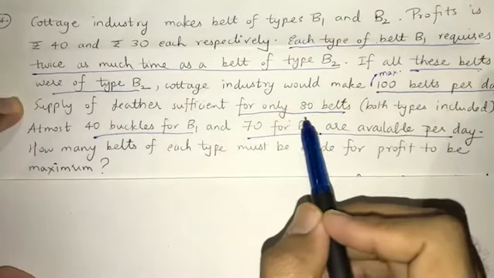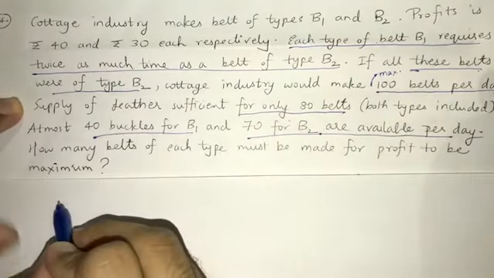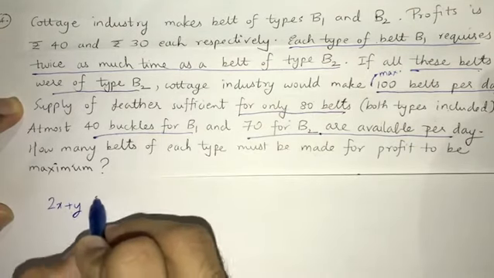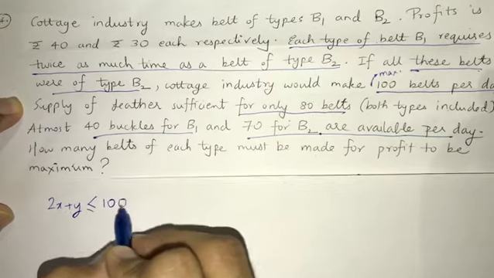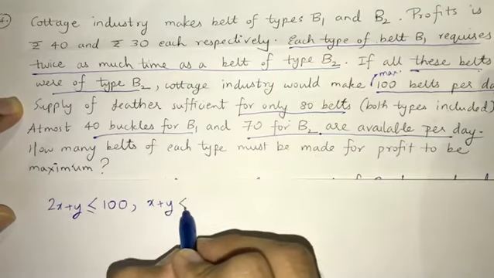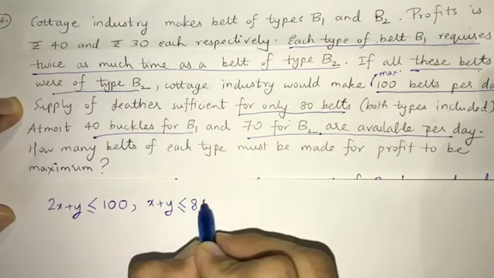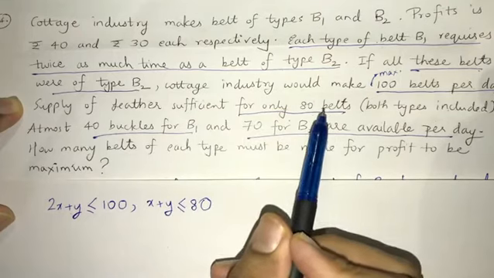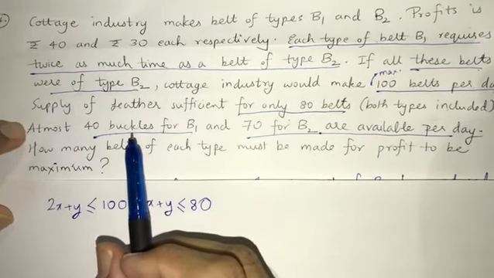Supply of leather is sufficient only for 80 belts. So the earlier constraint was 2x plus y less than or equal to 100. Then we have x plus y less than or equal to 80. The supply of leather is sufficient only for 80 belts, both types included.